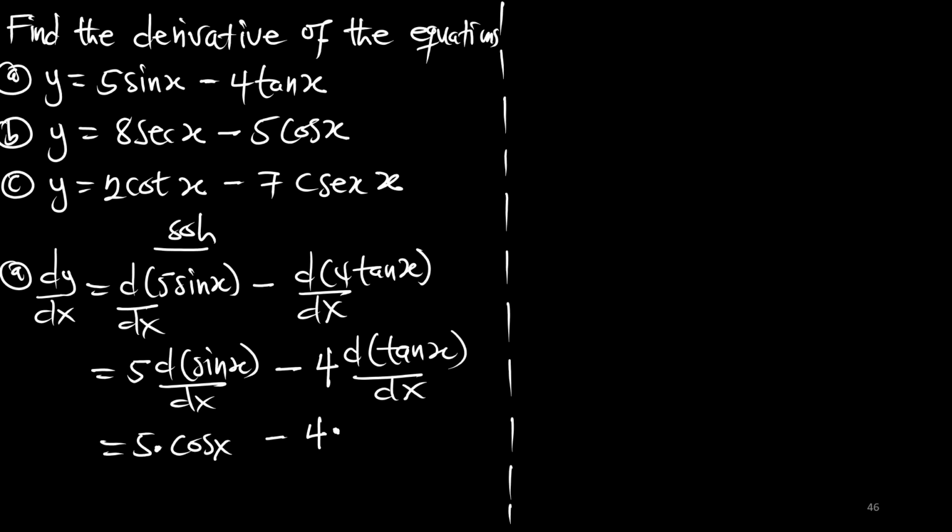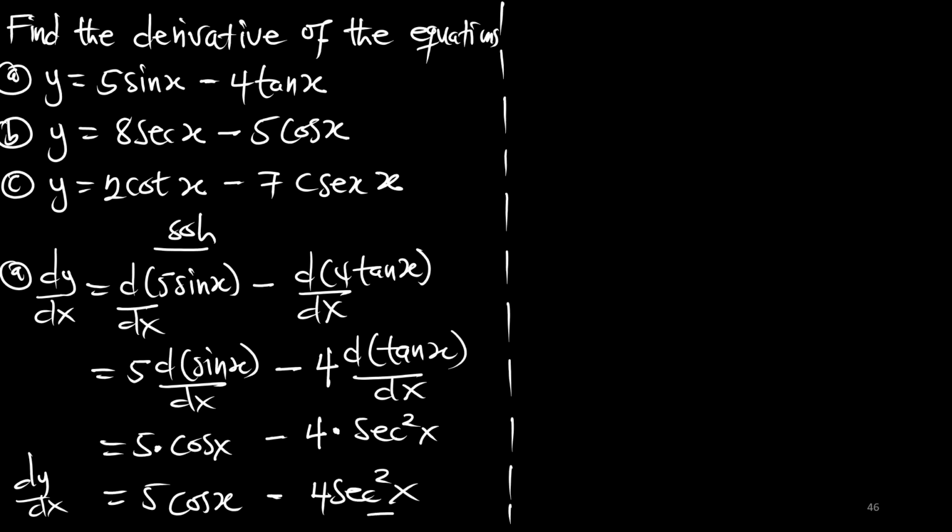So meaning our derivative dy/dx for the equation is going to be 5 cos x minus 4 sec square x. Are we okay?